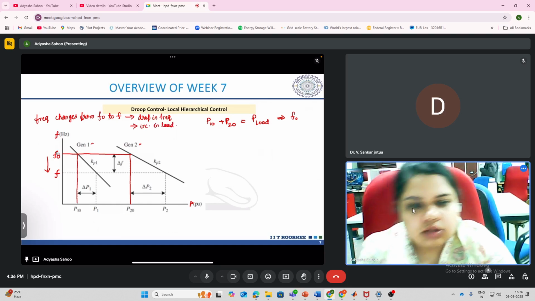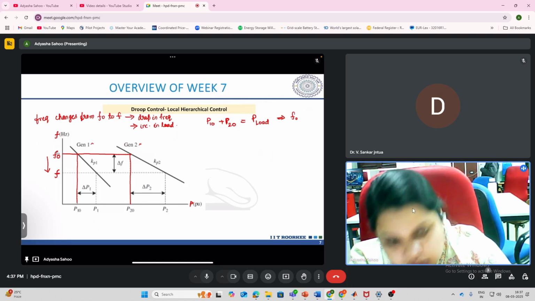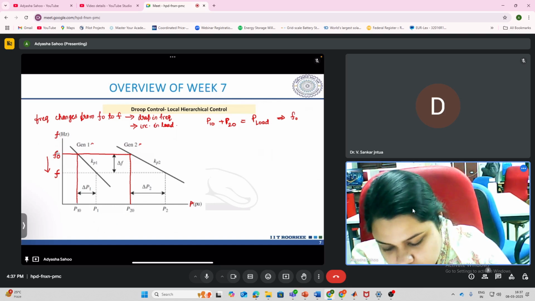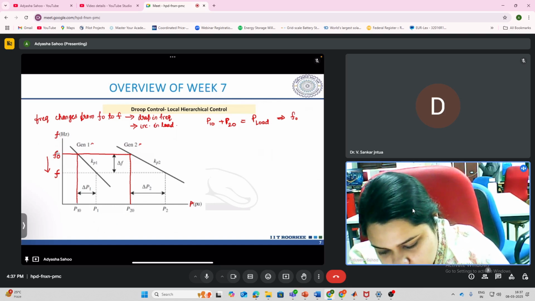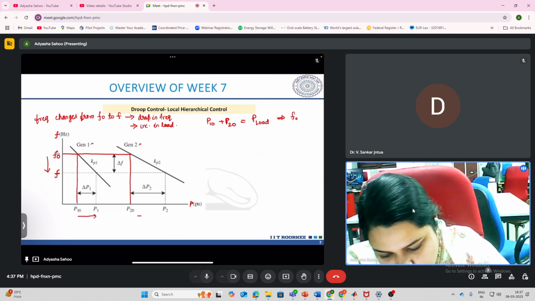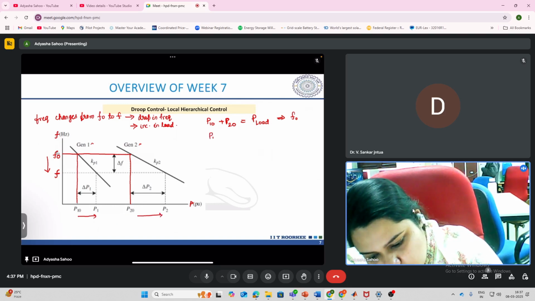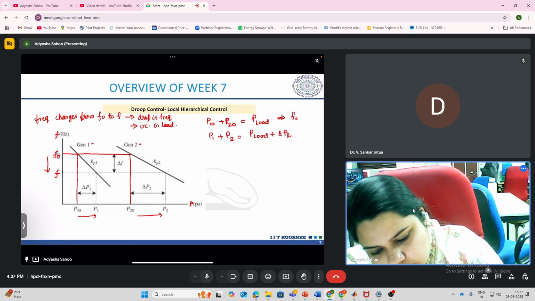Now, to supply the excess load, the power of generator 1 and generator 2 has to increase. So P1 naught increases to P1 and P2 naught is increased to P2. So now P1 plus P2 is your P load plus delta P load.